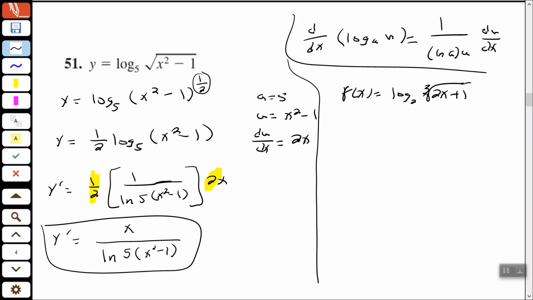So again, the first thing we want to do is rewrite this in exponential notation. So log base 2 of 2x plus 1 raised to the power of 1/3. And since we have that logarithm, we can bring that exponent out in front of the log base 2.